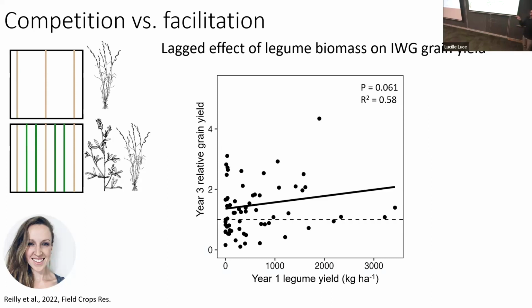Now, again, there's a lot of other mechanisms as to why the legume intercrops might influence grain yields. We talked about pest suppression. There's a lot of water dynamics happening with these systems. So we're just kind of getting at the tip of the iceberg with this.